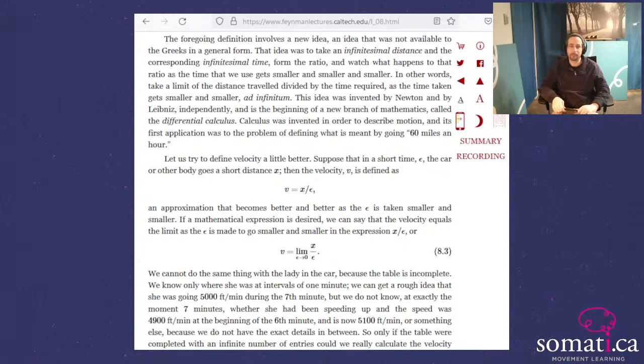In a short time, epsilon, the car or other body goes a short distance x.